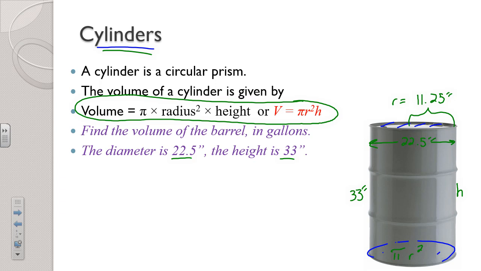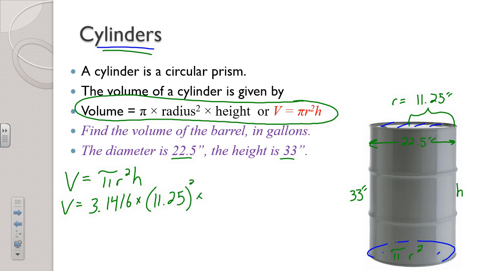So to find our volume, we can say that pi r squared times height, in this case, is 3.1416 times 11.25 inches squared times a height of 33 inches. And we get 13,121 cubic inches. There's some decimals on there, but they're not going to matter too much.